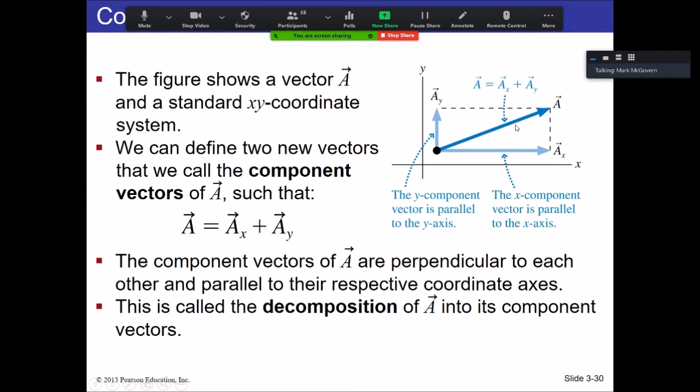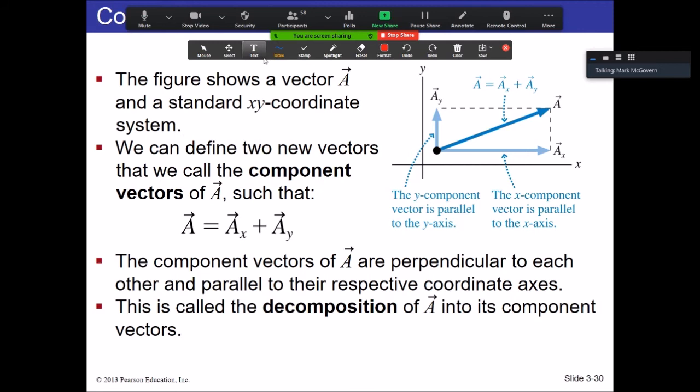But according to the rules we just learned about vector addition, I could express this vector as a sum of two other orthogonal vectors: a vector that only has an x direction and a vector that only has a y direction. Look at this little notation up here. This is a big deal. Vector A can be expressed as the sum of a vector in the x direction plus a vector in the y direction. If you complete that sum, you'll end up with A.